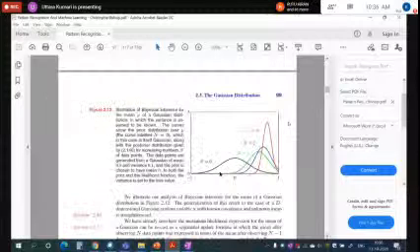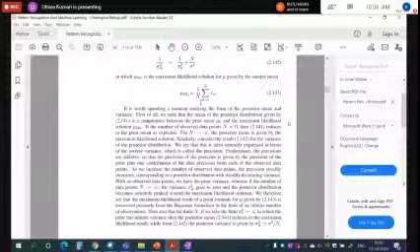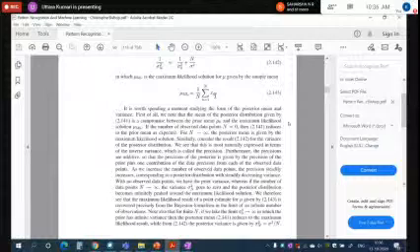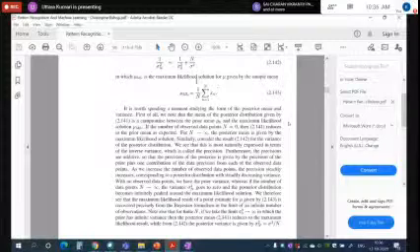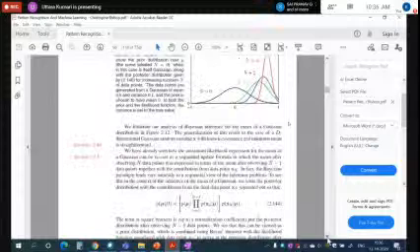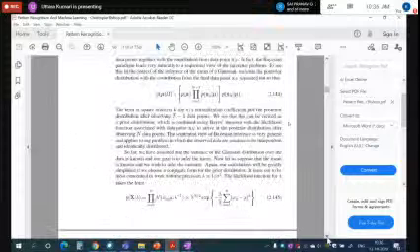I gave two to three derivations. In one problem we saw that the mean value is nothing but the sum of all the samples. Using this only, we did the green ball, red ball classification. That uses this kind of expression, and that is also my maximum likelihood estimation function.